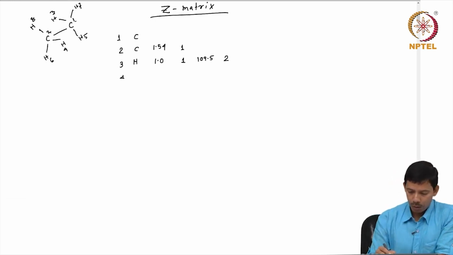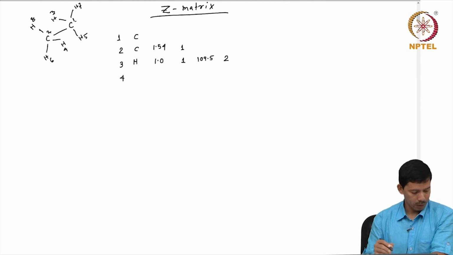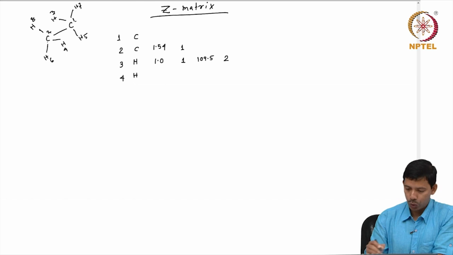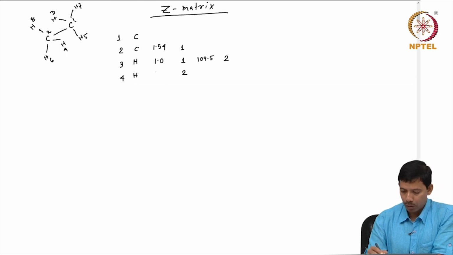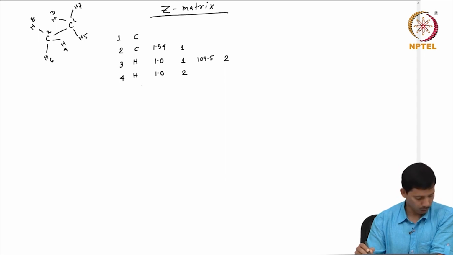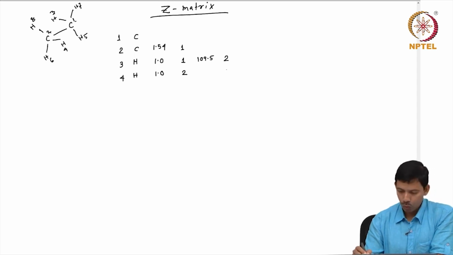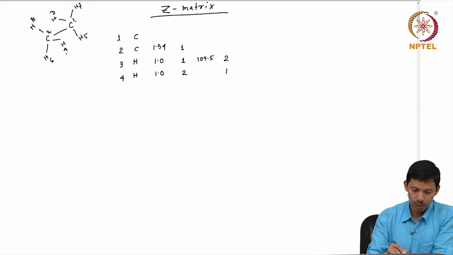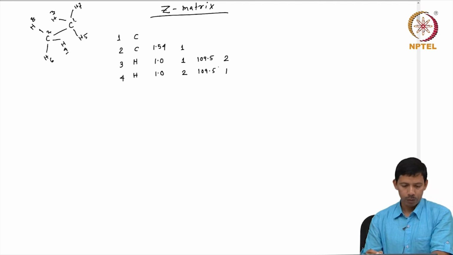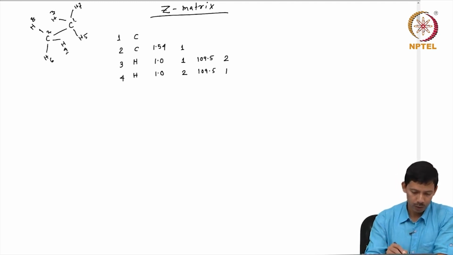Number 4 atom is a hydrogen which is bonded to 2 by a distance of 1, and it makes an angle of 4 to 1 again. So I add angle 4, 2, 1 with the same angle of 109.5. Now your 4 also makes a dihedral.